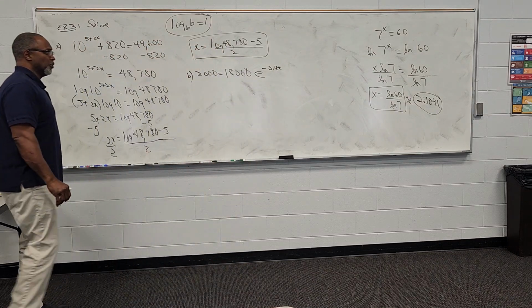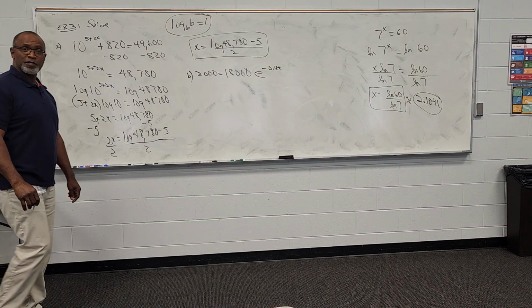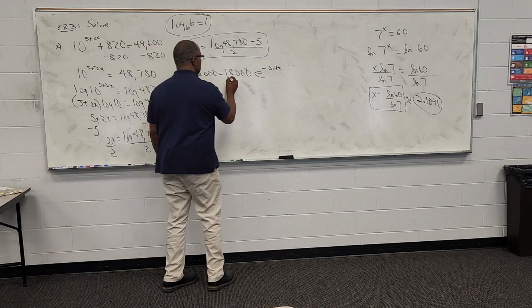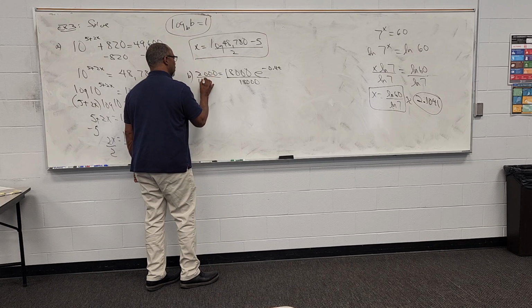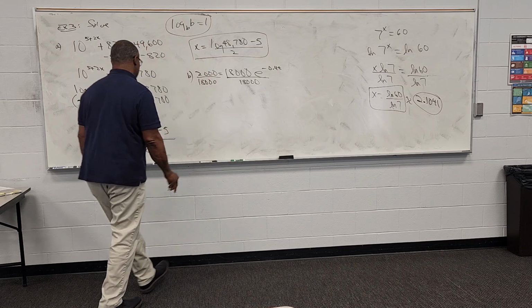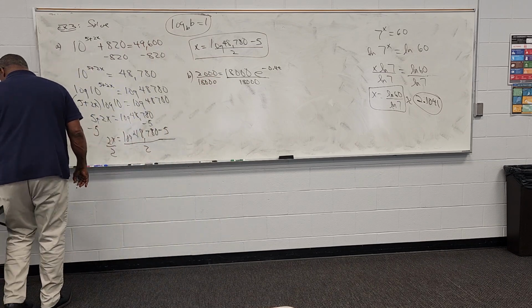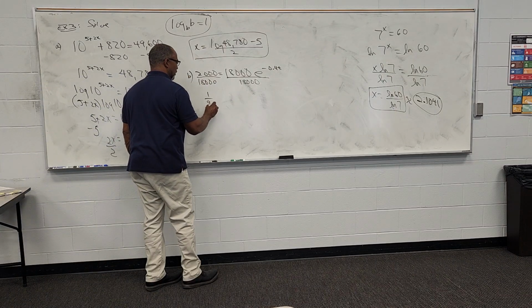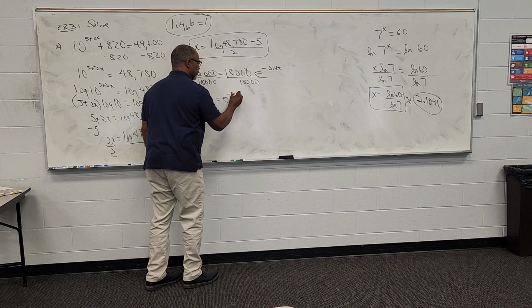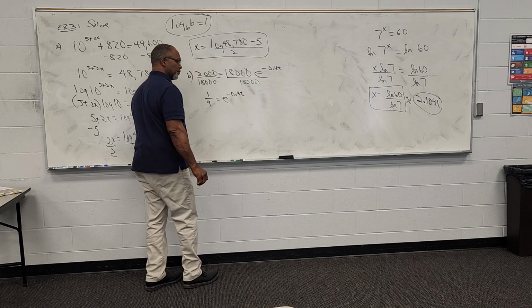I want to solve that equation. Well, the first step is to isolate the exponential term. So I'm going to divide both sides by 18,000. If you do that, you'll get 1/9. 2,000 divided by 18,000 is 1/9, equals e to the negative 0.4 t power.